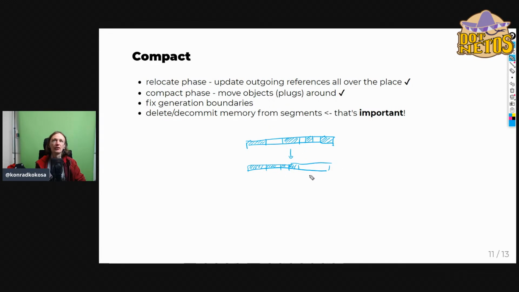So to make it so that our process really is benefiting, since memory has been moved and this space is no longer needed, we can decommit at least part of it, and we really reduced the memory usage of our process by this amount of memory. So this is a pretty nice and big benefit of compaction.